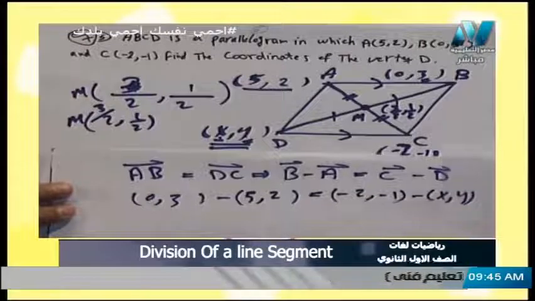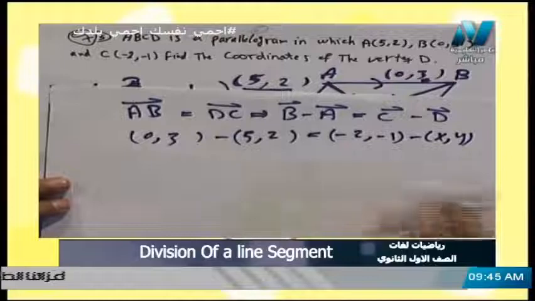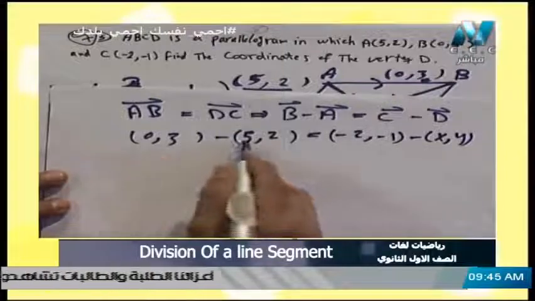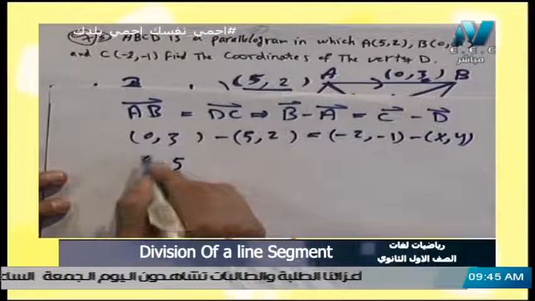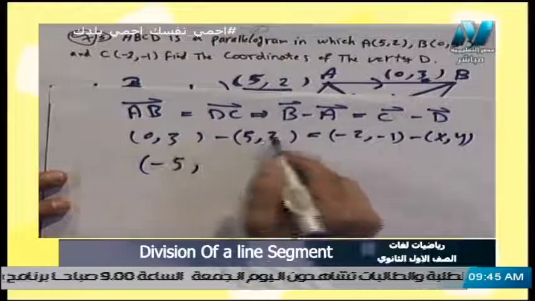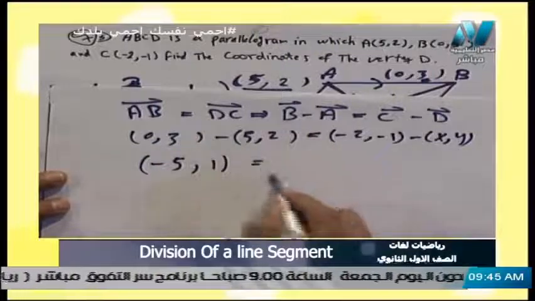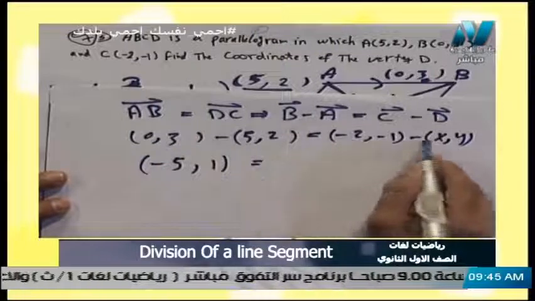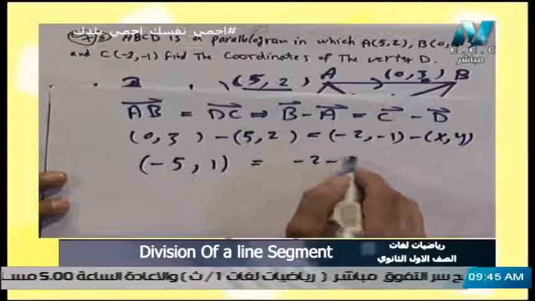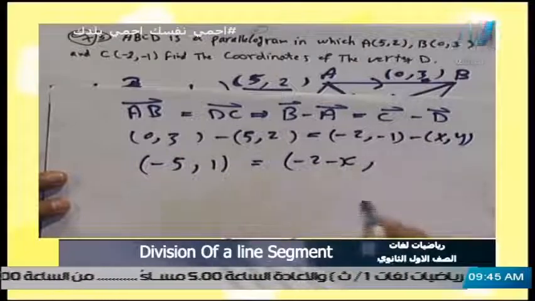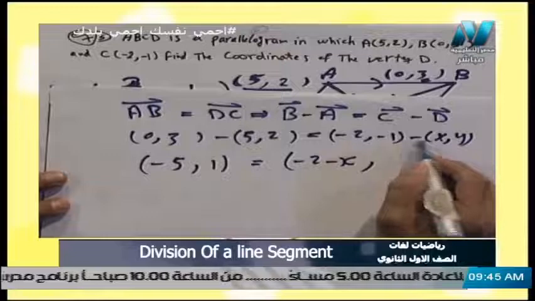And we will complete: 0 minus 5 equals negative 5, 3 minus 2 will be 1, equals negative 2 minus x, and negative 1 minus y.